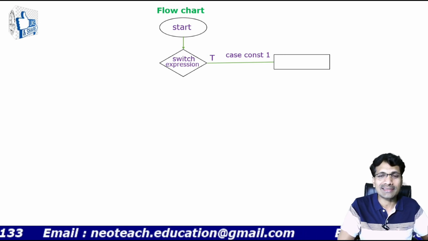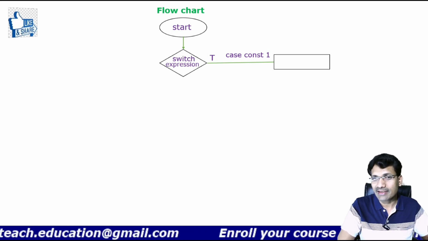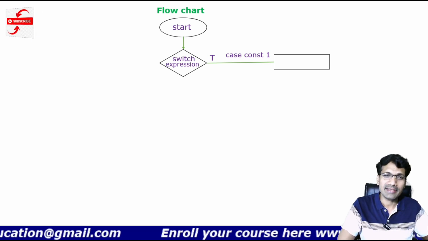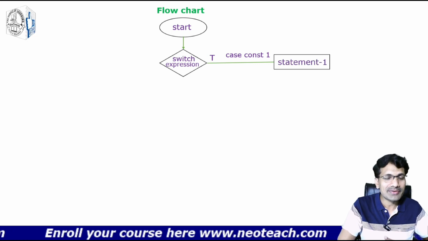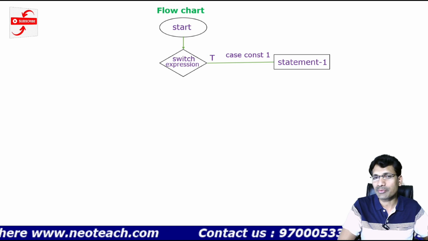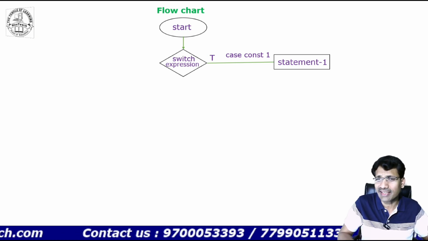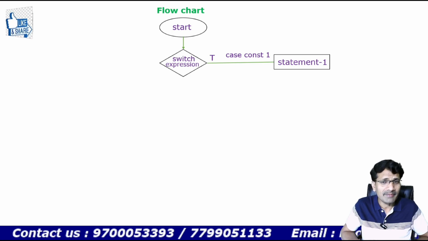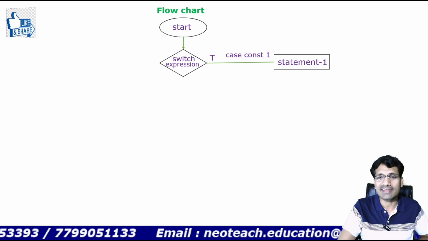Any one of the case constants will match. Let me consider case 1, constant 1. If it matches, then statement 1 executes and the program stops. It won't go for the next case and it won't go for the default statement. It directly executes statement 1 and breaks the program. We have a break statement there.